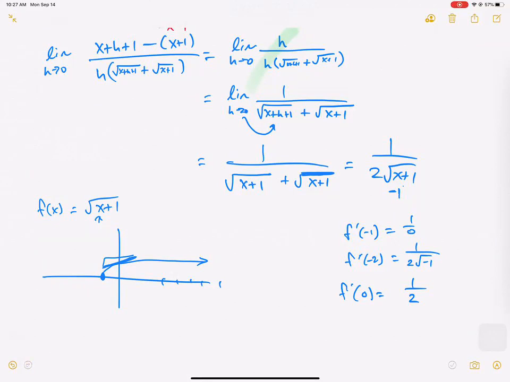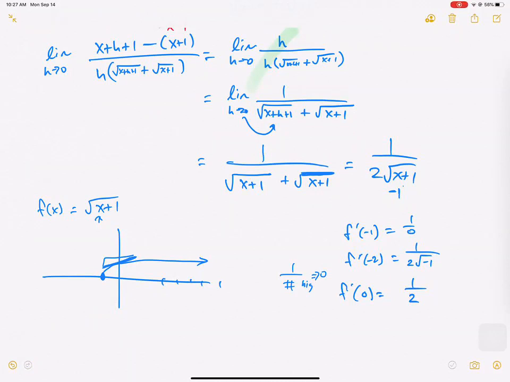The denominator is bigger when you have a fraction over a big number. Remember, that goes to 0, which is our slope. Our slope tapers out.